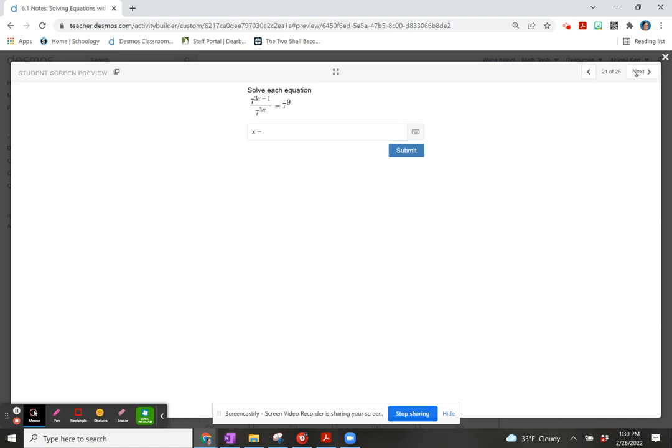Same thing here, same base being divided, so we have to subtract the exponents. 3x minus 1 was all on top. This was our top exponent. Since it was our top exponent, that's what comes first. Now minus, because we're dividing, 5x, and then drop down the 9.